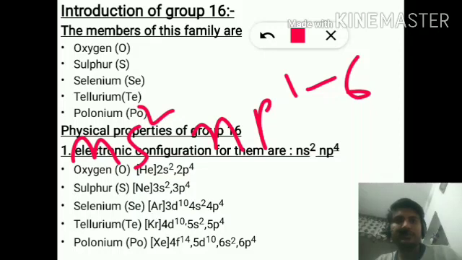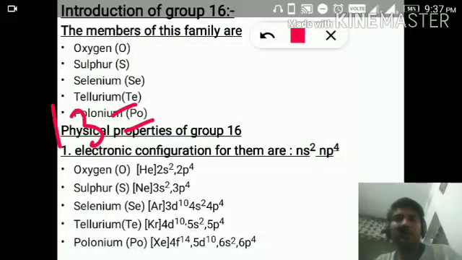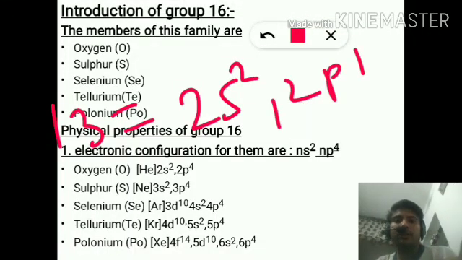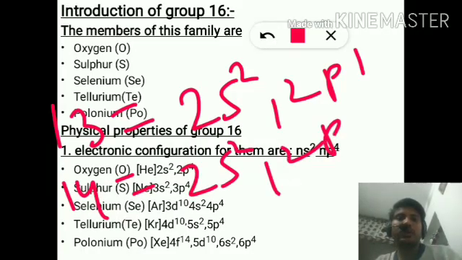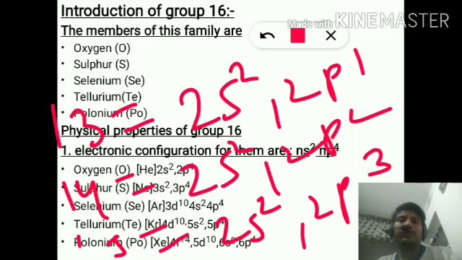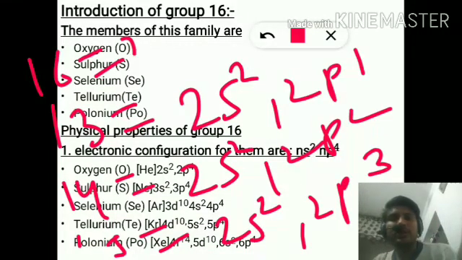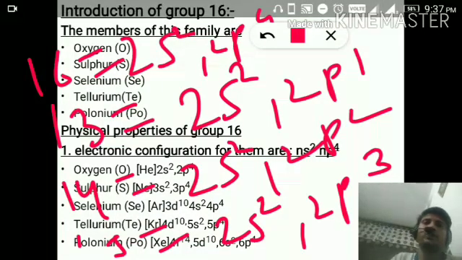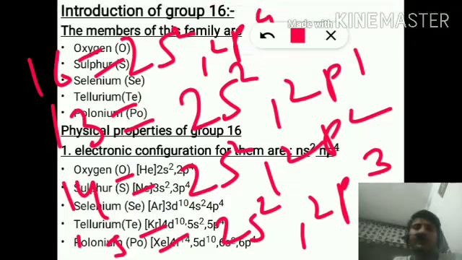For 13 group the electronic configuration is ns2 np1, for 14 group ns2 np2, for 15 group ns2 np3, and for 16 group ns2 np4. So the general electronic configuration of the 16 group elements is ns2 np4.